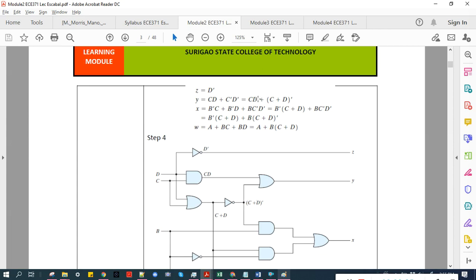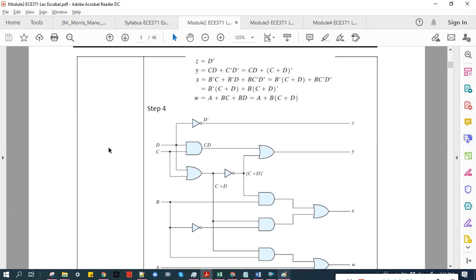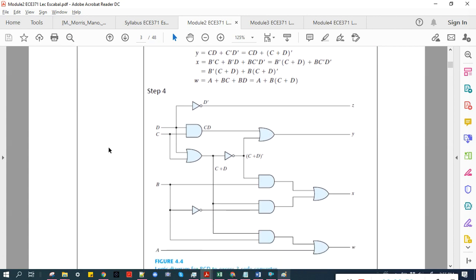It depends on you whether you will use an inverter and an OR gate here, because c or d will be common to both y and x, and w.